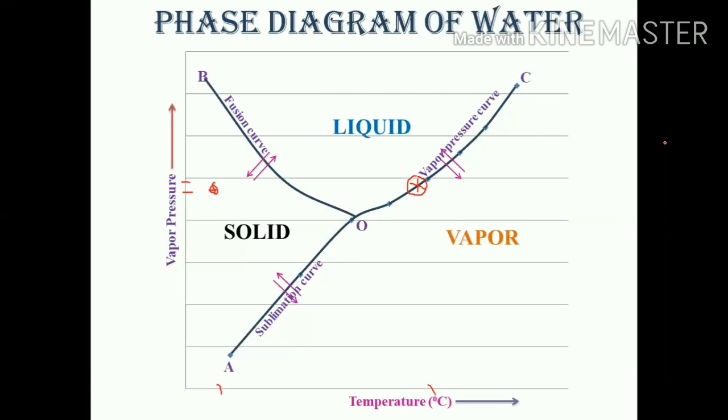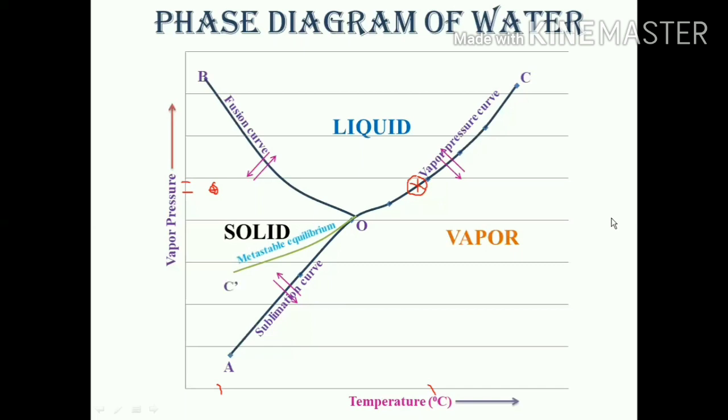Let's see next. Now there is a curve which is obtained or seen under restricted conditions. If I try to extrapolate the curve CO towards a much lower temperature, I receive a curve something like this, and this is called metastable equilibrium.